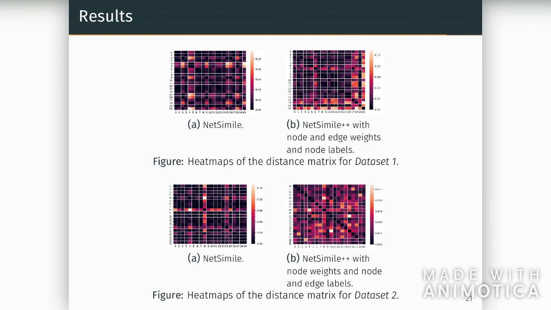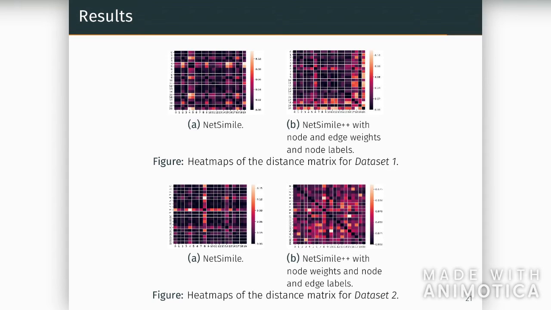For the sake of brevity, only 4 out of the 24 heat maps generated and interpreted will be demonstrated here. On this slide, we can see the heat maps of NetSimile and NetSimile++ with node and edge weights and node and edge labels on both of the datasets, since they are the focus of the project.